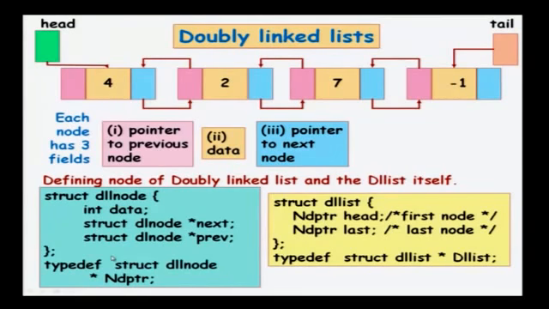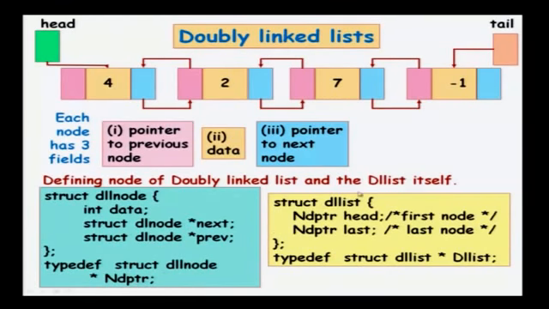Now, we will typically need two pointers for a doubly linked list. One is the pointer to the beginning of the list, which is usually called the head, and another to the end of the list, which is usually called the tail. I will use a typedef in order to shorten the name. I will say typedef struct DLL node star node pointer.